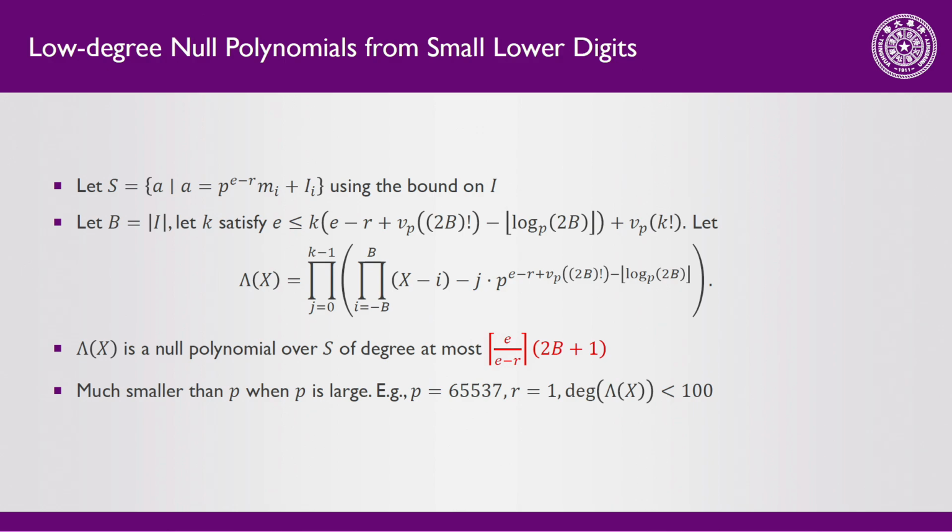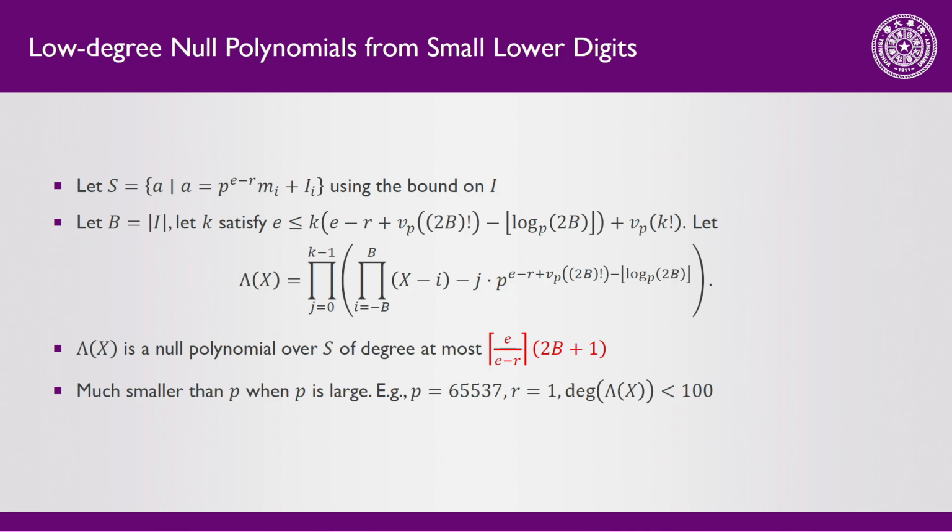Since its degree is no longer linear in p, as in the previous methods, when p is large, this degree can be much smaller than p. For example, with p equal to 2^16 plus 1 and r equal to 1, its degree is less than 100.